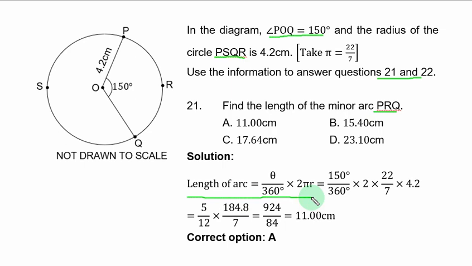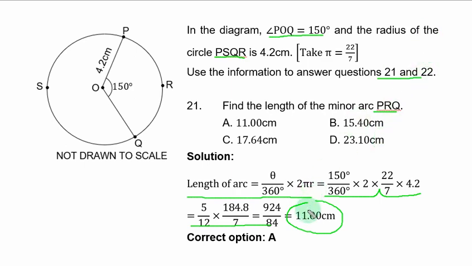You replace theta with 150 degrees over 360 degrees times 2 times pi 22/7 times the radius 4.2. If you simplify, you have this, and when you divide, you have 11.00. So A is the correct option.